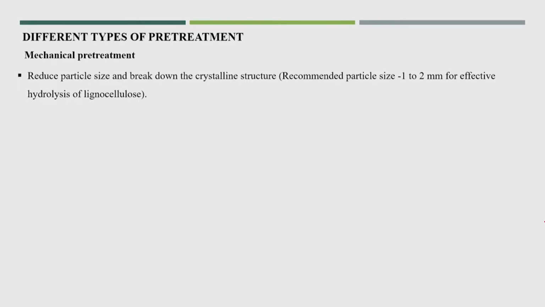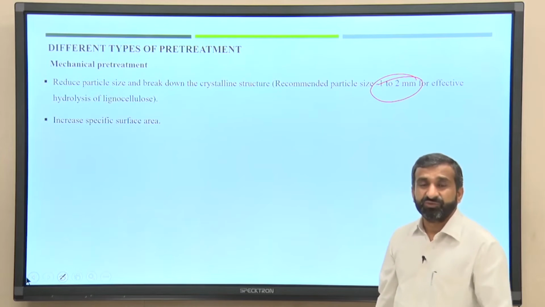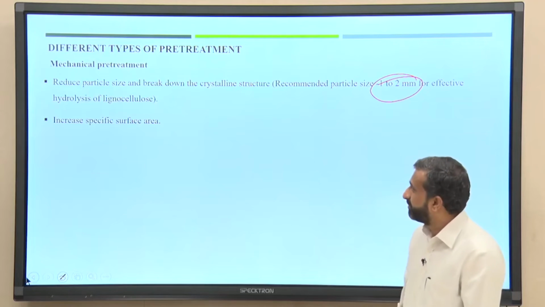First is the mechanical pretreatment. It will reduce the particle size and break down the crystalline structure. A size of 1 to 2 mm is recommended for effective hydrolysis of lignocellulose. Some may consider that energy will be required again to produce the biogas.